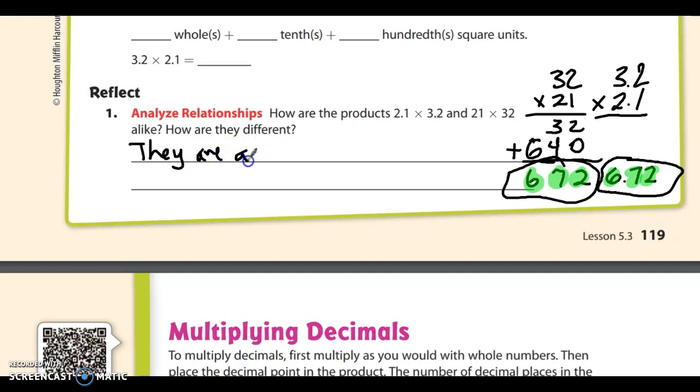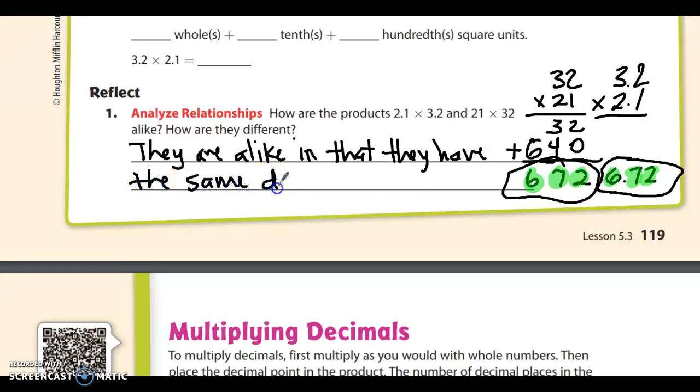They are alike in that they have the same digits. It also says, how are they different? So we're going to say, but they have different values.